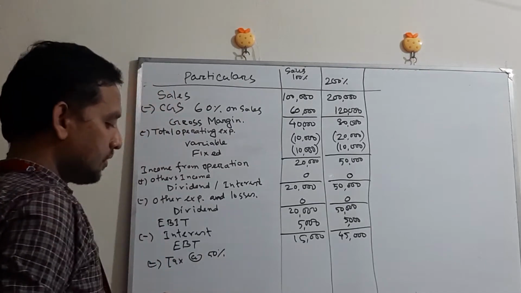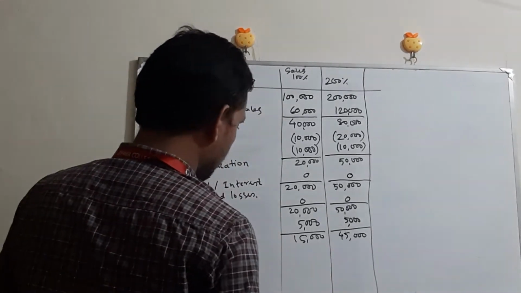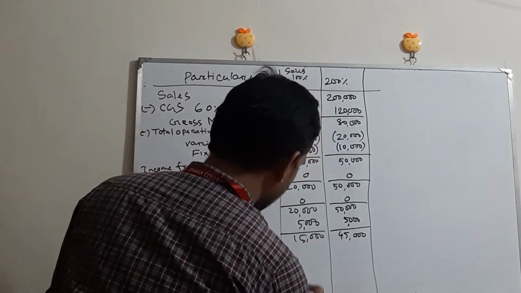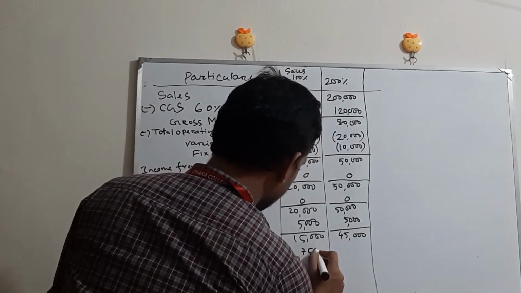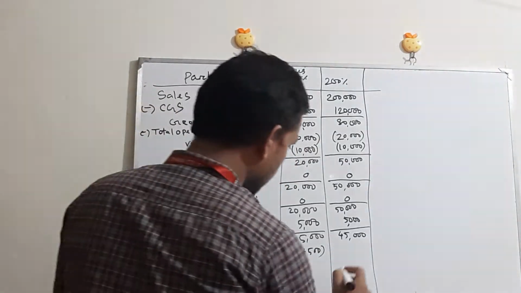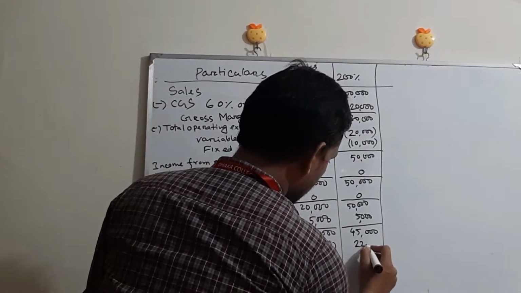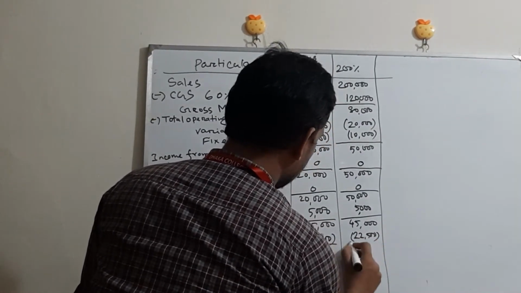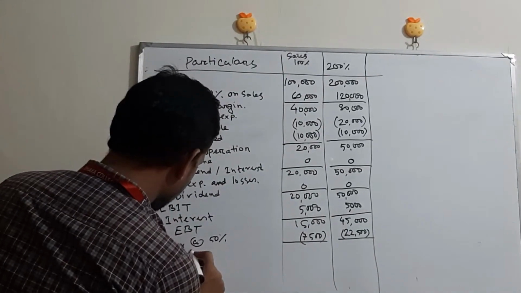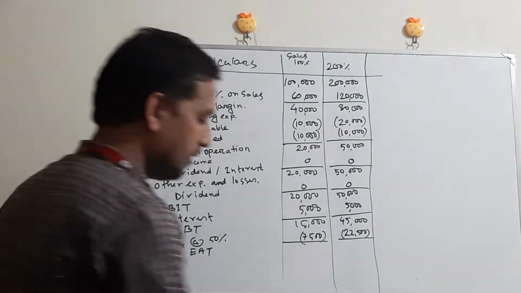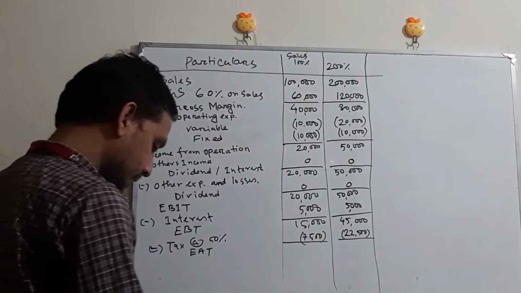Okay, so 50% of 15,000 taka is 7,500 taka, and it is 22,500 taka. It is called EAT.